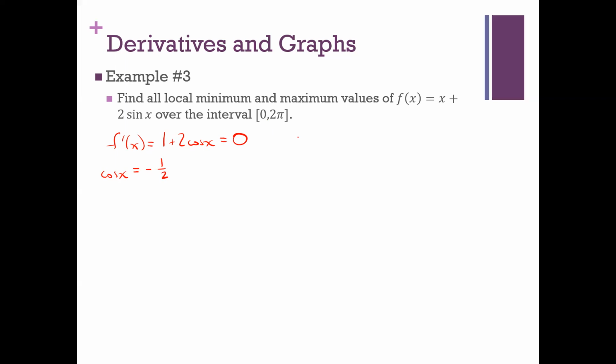So here's the thing. I am looking for all of the possible local extrema on this interval. So I could have multiple x values that make this work. But can I be more specific about that? What quadrants? So I'm looking between 0 and 2 pi. So because of that, what quadrants of my unit circle am I going to look at?